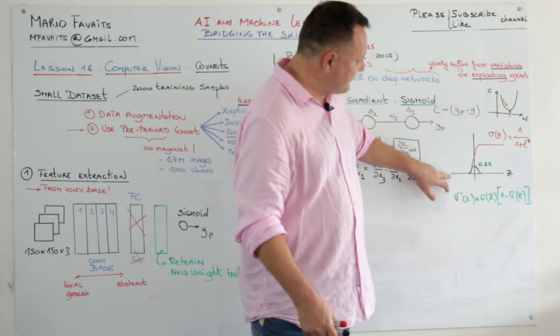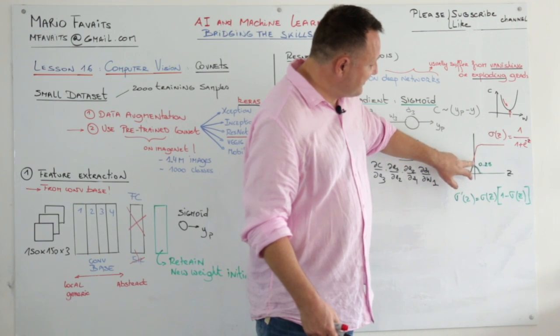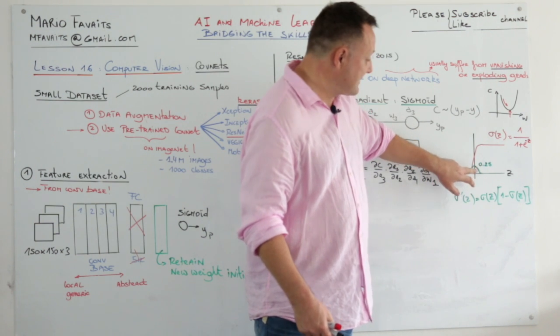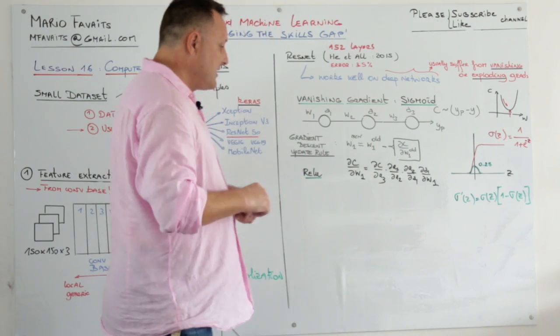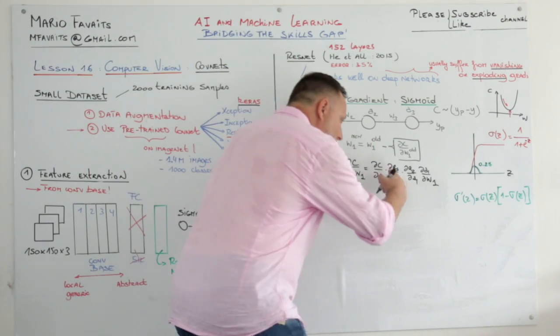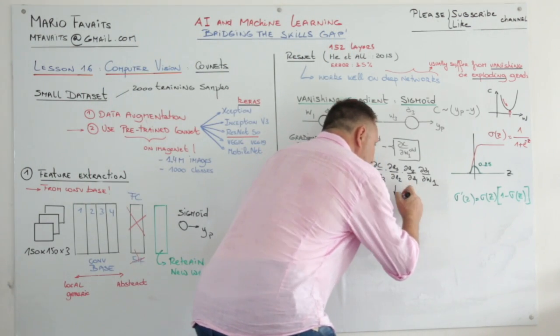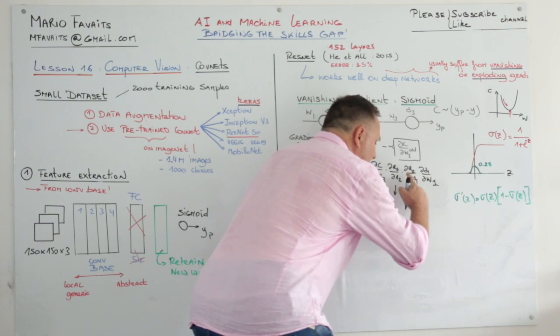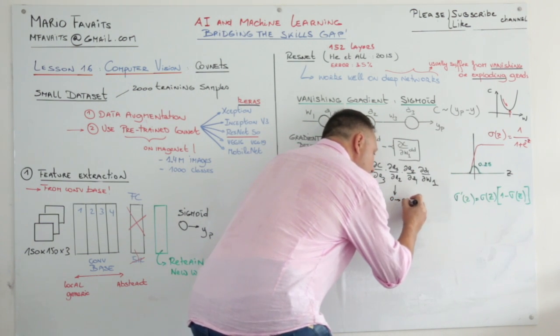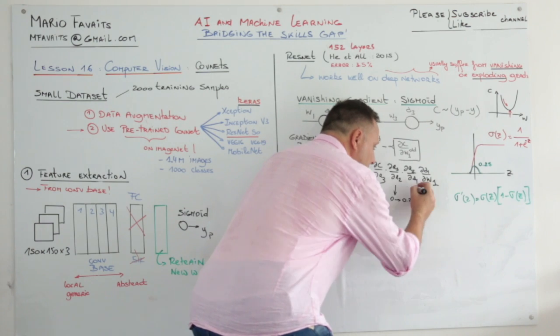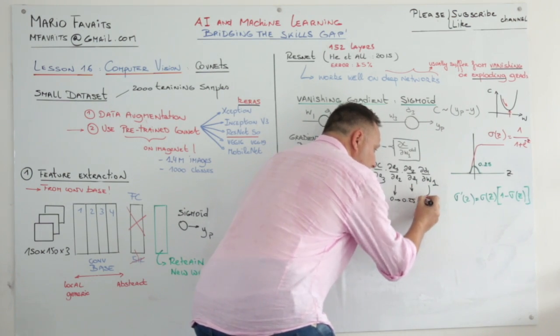It starts at 0, moves up to 0.25, that's the maximum, and then goes down to 0 again. So all of these activation derivatives will be between 0 and 0.25. This one as well, and this one as well.